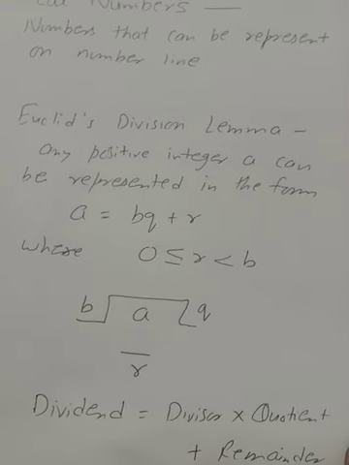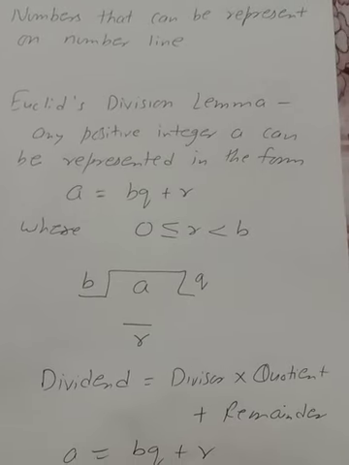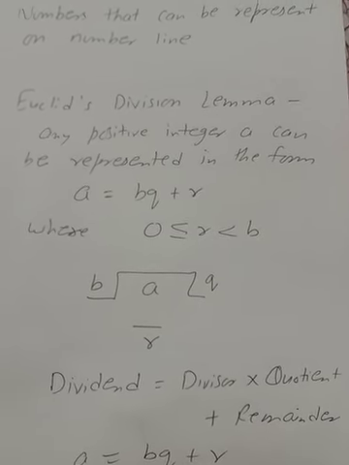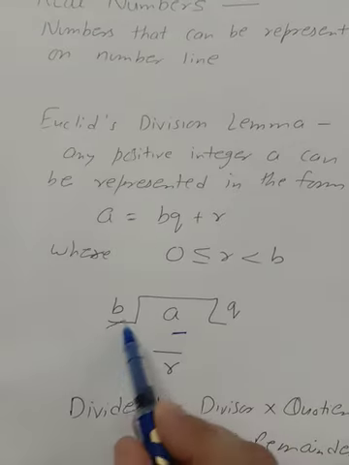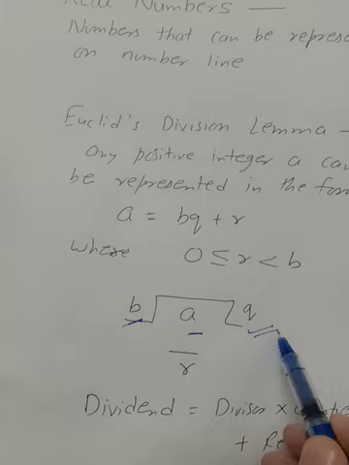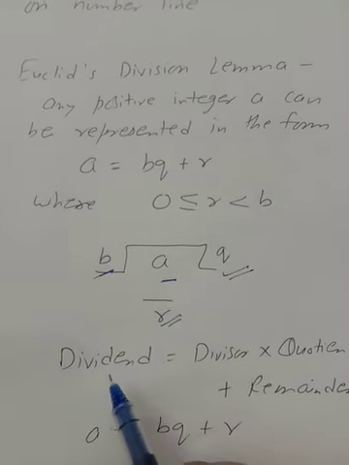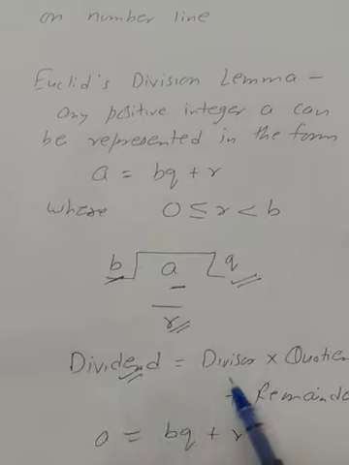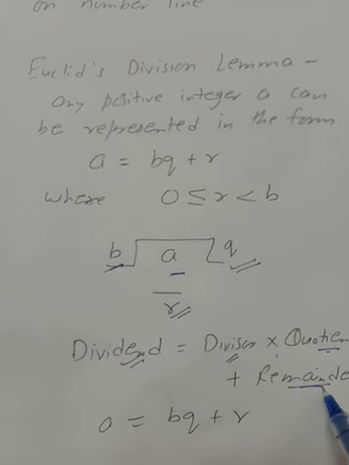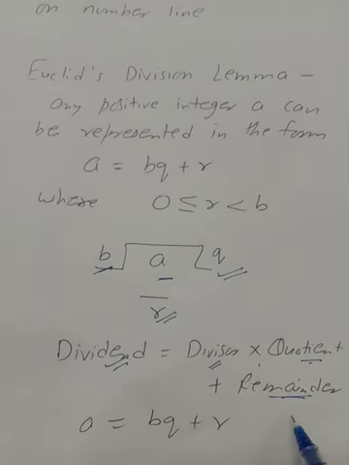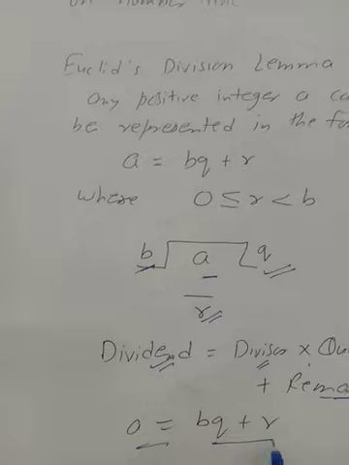It is just like dividend equals divisor into quotient plus remainder. When we divide a by b, we get some quotient q and remainder r. And when we check our division, we get dividend equals divisor into quotient plus remainder. The same thing we get from Euclid's division lemma: a = bq + r.